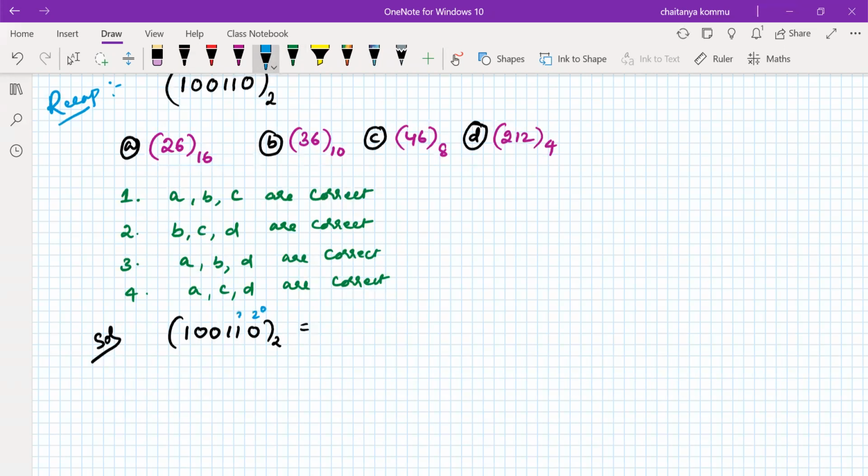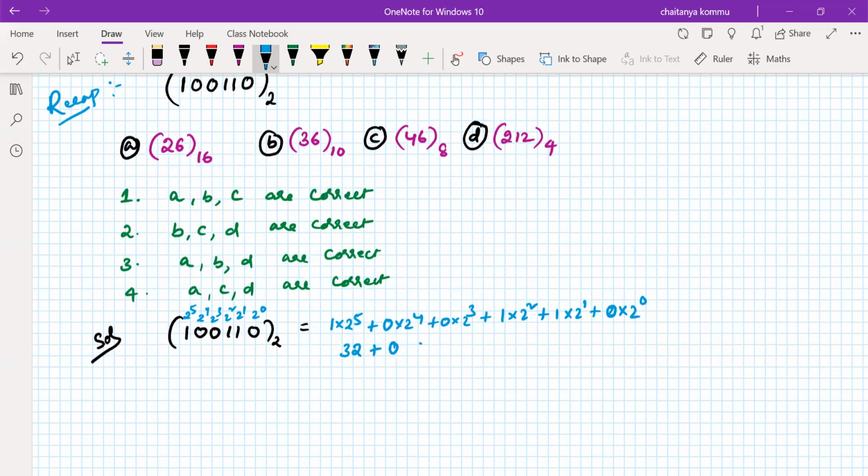2 power 0, 2 power 1, 2 power 2, 2 power 3, 2 power 4, 2 power 5, right? So 1 into 2 power 5, plus 0 into 2 power 4, plus 0 into 2 power 3, plus 1 into 2 power 2, plus 1 into 2 power 1, plus 0 into 2 power 0. 2 power 5 is nothing but 32.